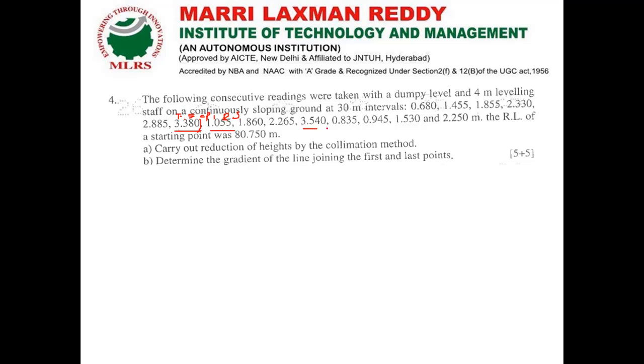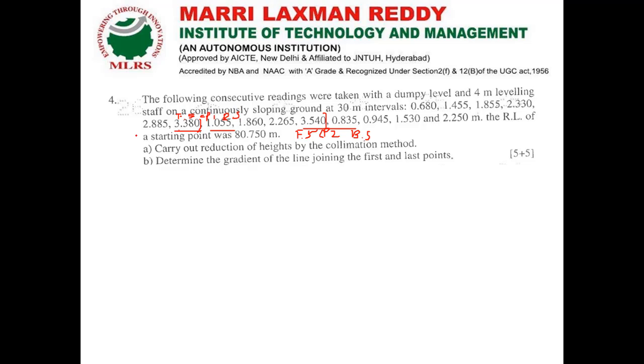Suddenly the value has dropped from 3.540 to 0.835, so this is also a change point, CP2. This should be in foresight and this should be in backsight.